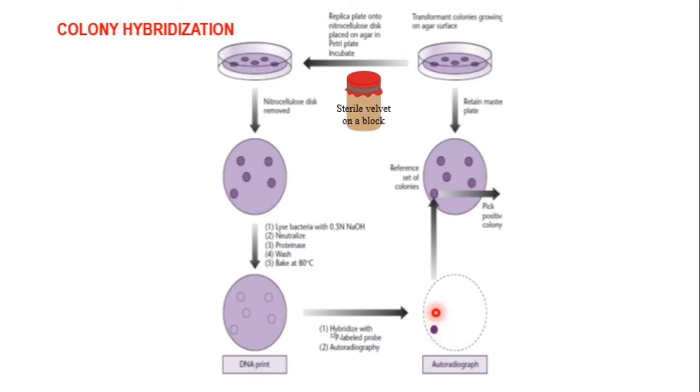So we can conclude that this colony has our desired recombinant DNA. That means these are the recombinant clones. Okay, this is colony hybridization. I hope you understand this.